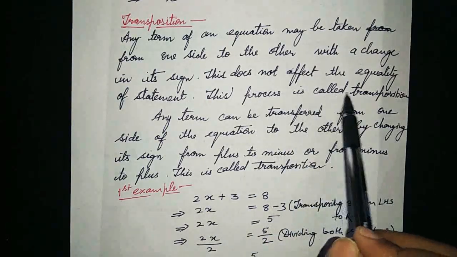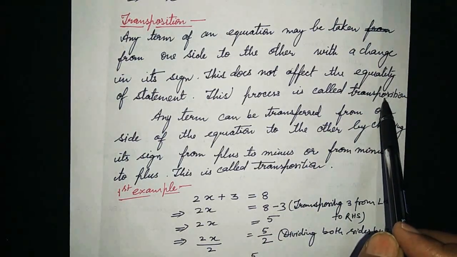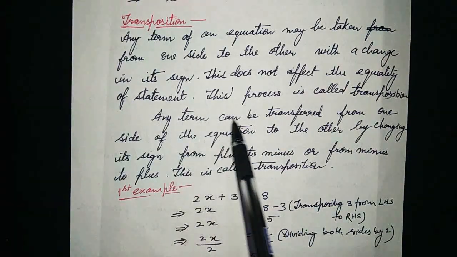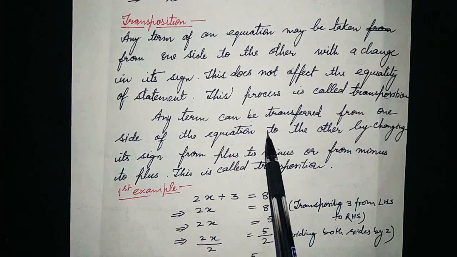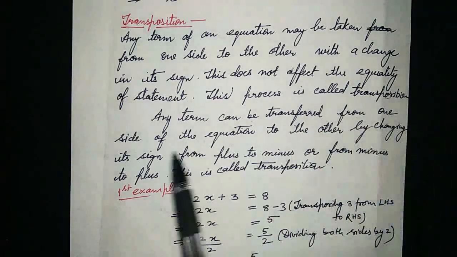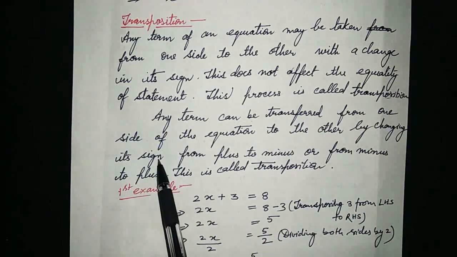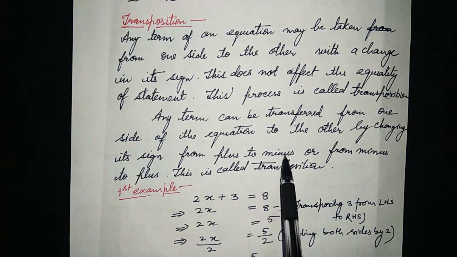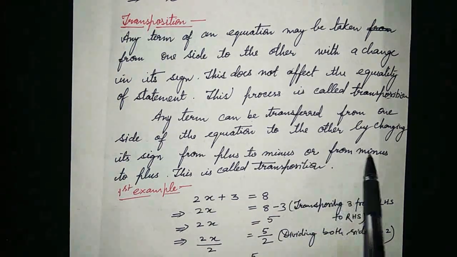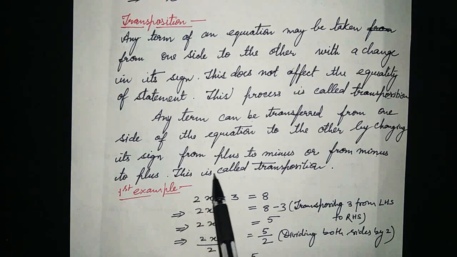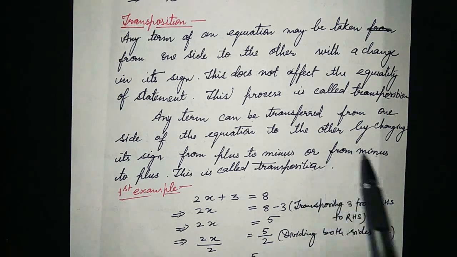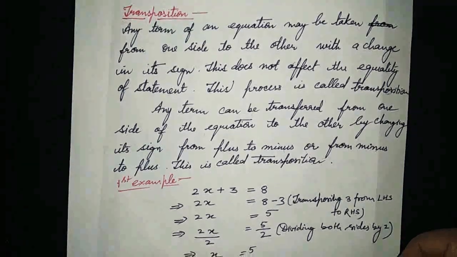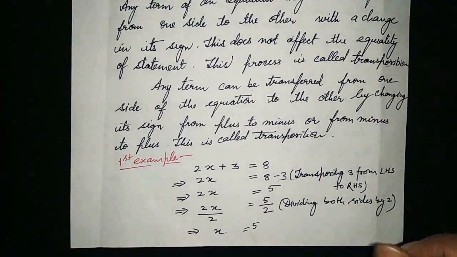This process is called transposition. Any term can be transferred from one side of the equation to the other by changing its sign from plus to minus or from minus to plus. This is called transposition. Now I will explain the same thing with an example.